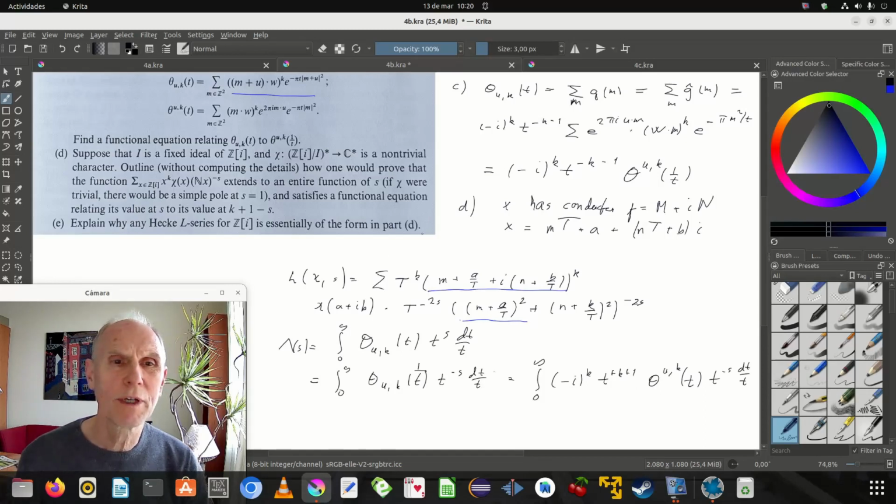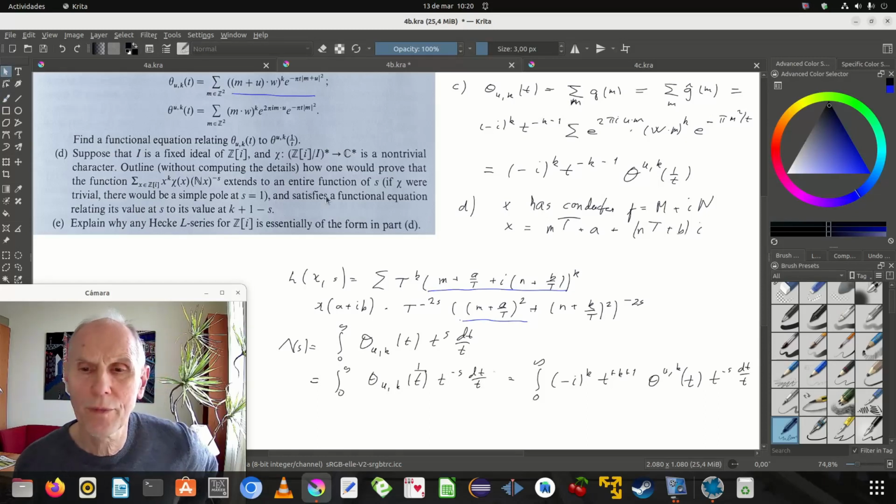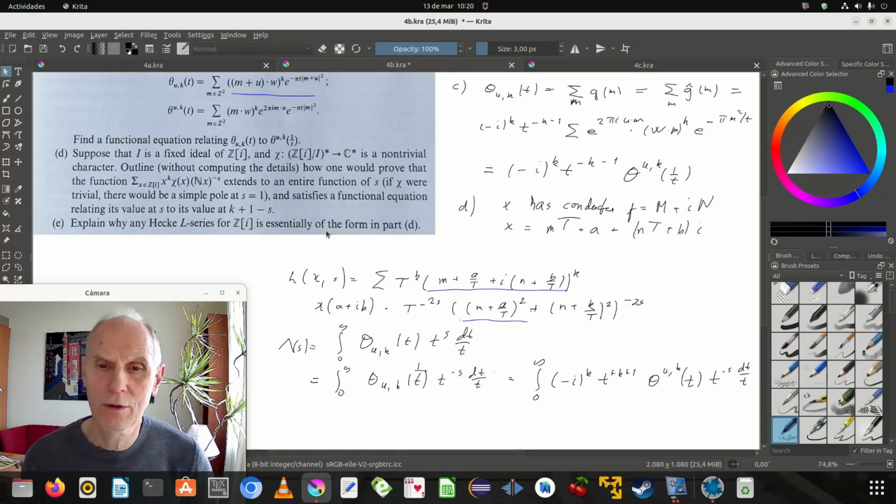I don't see how we come back to this sum, or rather come back to this integral.